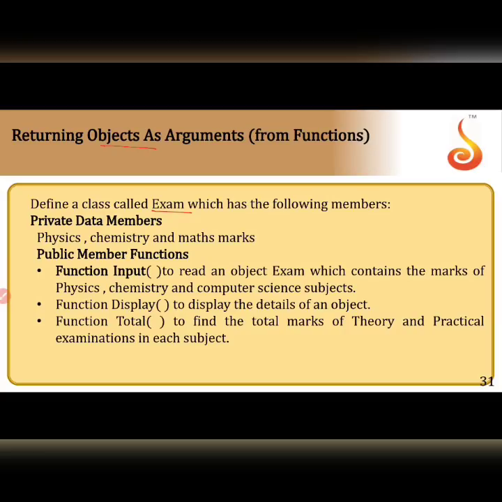As we all know, physics, chemistry and computer science subjects have theory and practical examinations conducted separately. So, you will have a separate theory score as well as a separate practical score, and your exam mark sheet also will have separate theory marks, separate practical marks, and then the total marks out of 100.